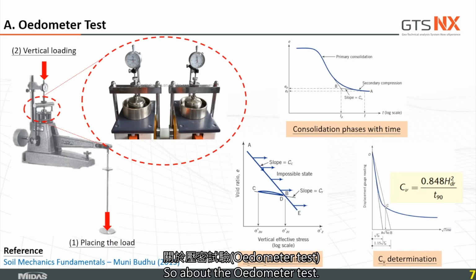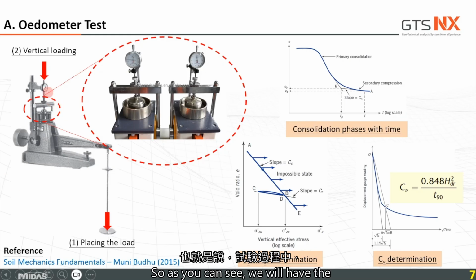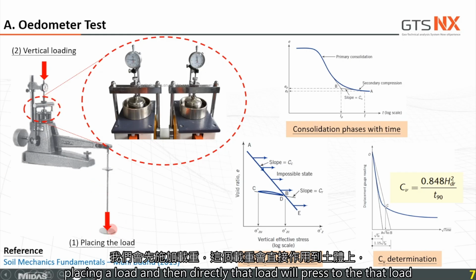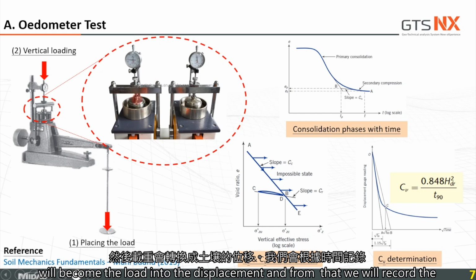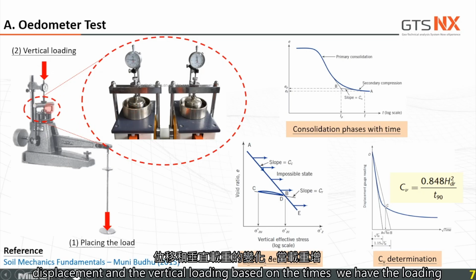About the Oedometer test, as you can see, we place a load, and that load presses onto the soil, and from that we record the displacement and the vertical loading over time.